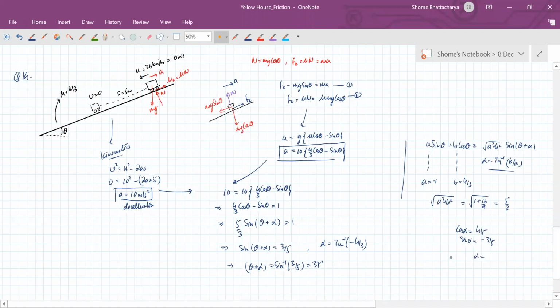So alpha is going to be 180 minus... right. Okay, so minus 3 by 4, my mistake.